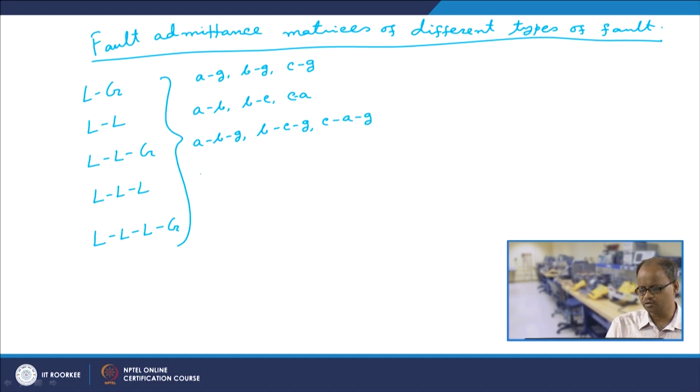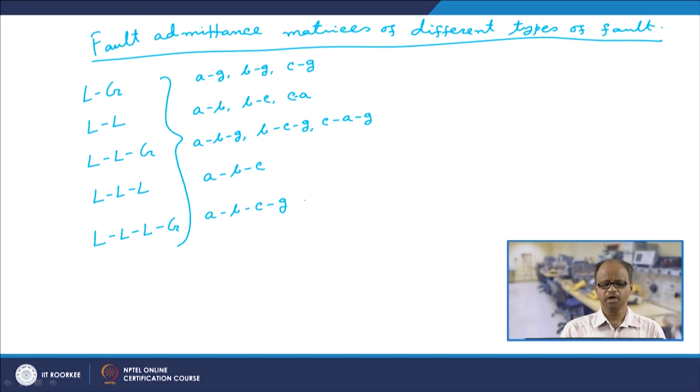For LLL of course, there is only one, ABC, and for LLLG also only ABCG. So, we may think that there are altogether 11 types of fault, but for these last two there is only a unique type each, and from the other 3 sets we would only consider, let us say, AG, BC and BCG.